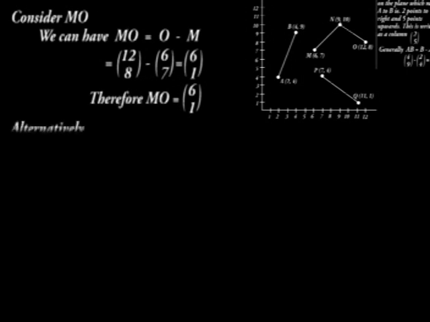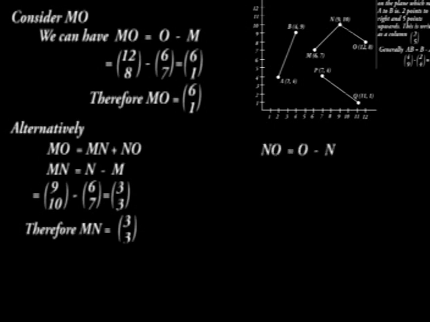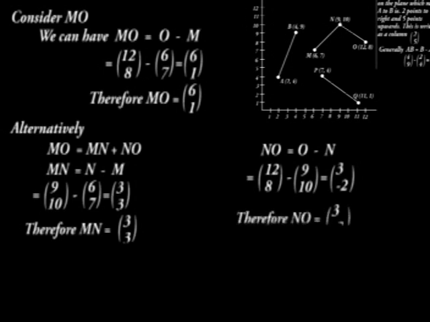Alternatively, MO is equal to MN plus NO. MN is equal to N minus M, (9, 10) minus (6, 7), which is equal to (3, 3). Therefore, MN is (3, 3). NO is equal to O minus N, that is (12, 8) minus (9, 10), giving us (3, -2).